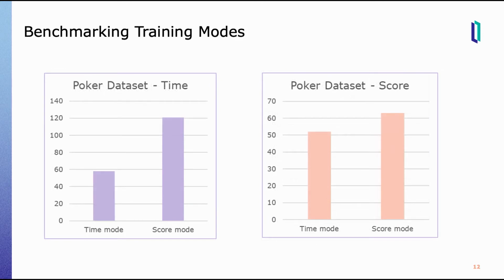However, this is the poker data set. This is, again, a classification problem. If you were to randomly guess an answer on this data set, you'd get it right 1 out of 6 times, which explains the slightly low scores here. But a random guess would be way down at like 12%, 15%. And here, again, you can see that time mode has taken probably half the amount of time as score mode, which, again, is a pretty good achievement.